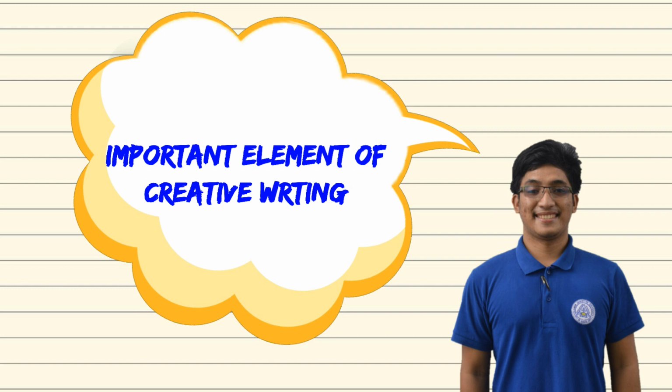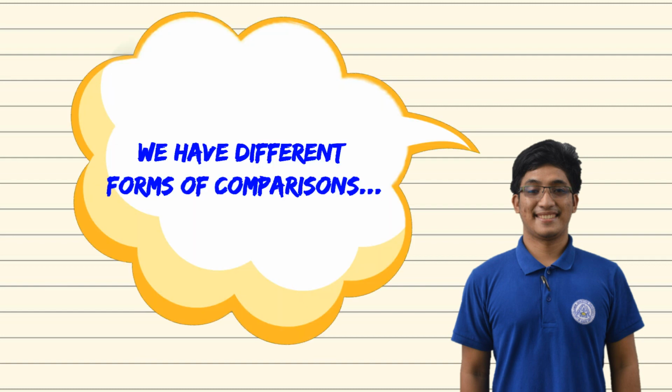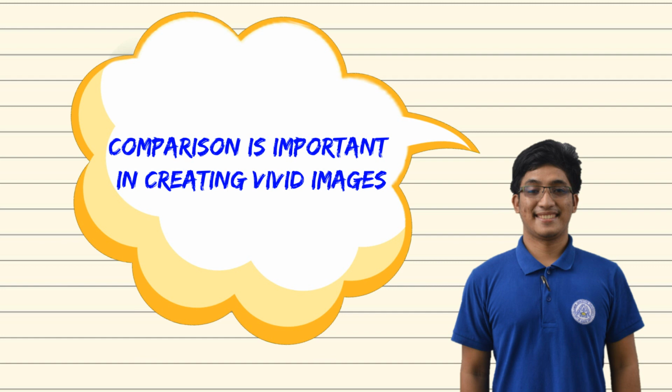Our third topic in our subject is all about another important element of creative writing. In the English language, we have different forms of comparison, and comparison is important in creating or forming vivid images in our mind based on what we are reading or writing.